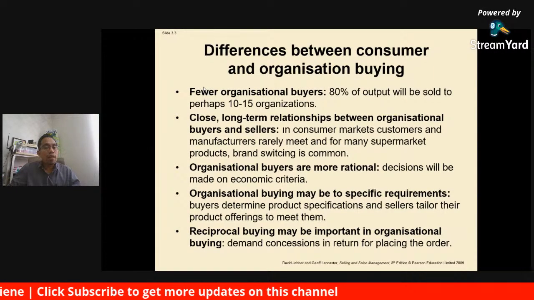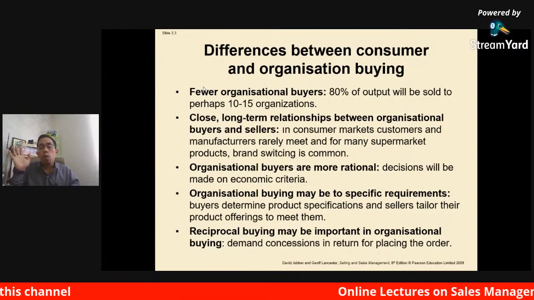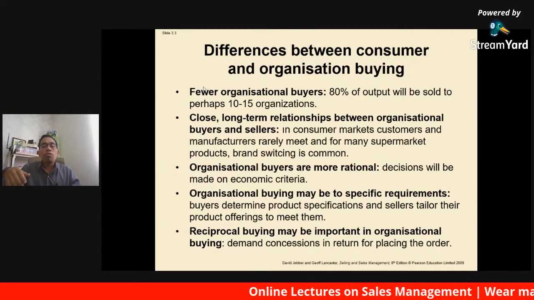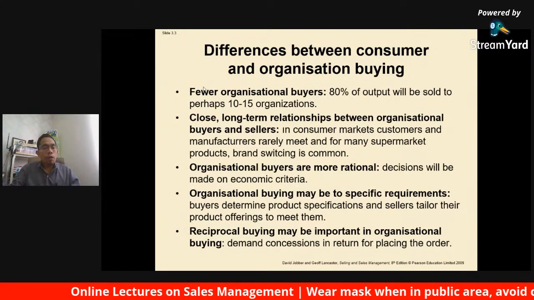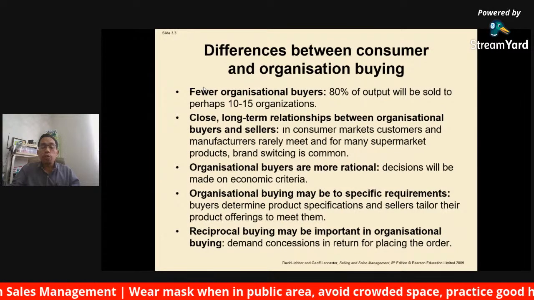We need to consider everything, compared to the end consumer. We don't customize one by one, because how can you customize for thousands of people's needs and preferences? You couldn't.